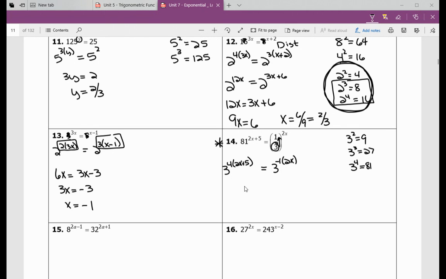So when I distribute here, drop in my bases, I get 8x plus 20 equals negative 2x. I'm going to subtract my 8x from both sides. So that gives me 20 equals negative 10x. So negative 2 will equal my x value.